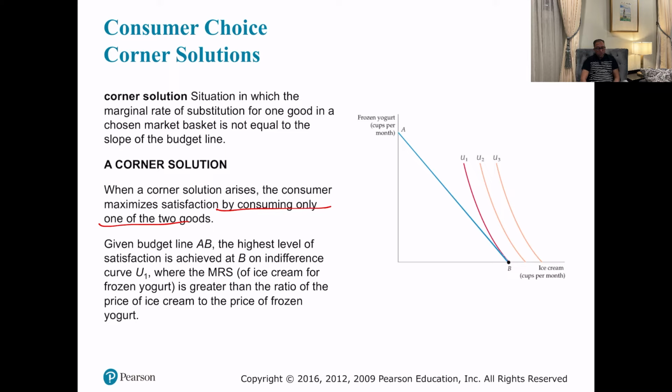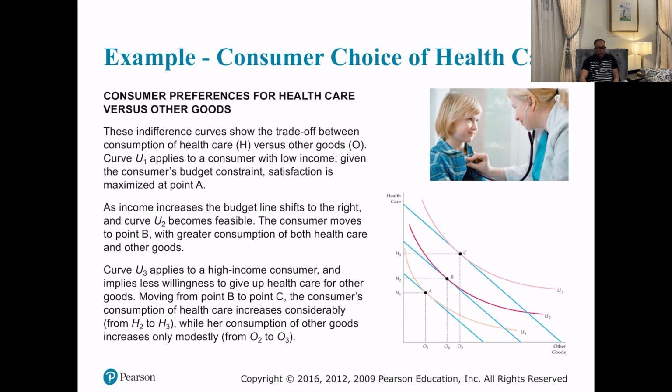In a corner solution, the MRS is greater than the price ratio; it's not equal. So this violation of utility maximization is possible only if there is a corner solution. Corner solution means that the consumer prefers only one good over the other.